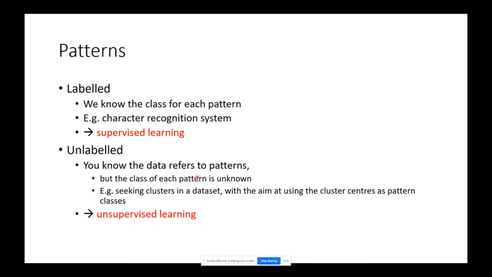You don't know the actual classes. So what you want to learn is, first, what are the classes of patterns? What are the labels of the patterns? The labels are not known. And basically, these kinds of algorithms work by seeking clusters in the data set, with the aim of using the cluster centers as pattern classes.